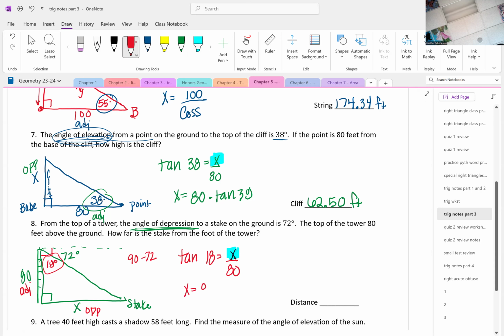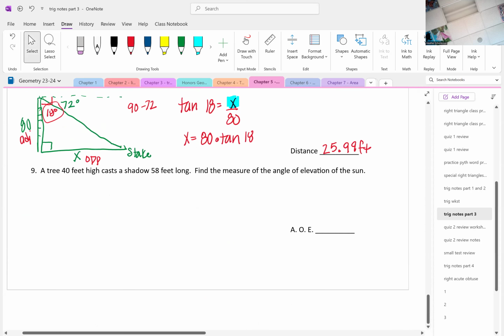And we always do the number first. So we have 80 times the tangent of 18. So 80 times the tangent of 18 gives me 25.9935. But if I'm rounding to the nearest hundredth, that's going to be 25.99. And this is also feet.